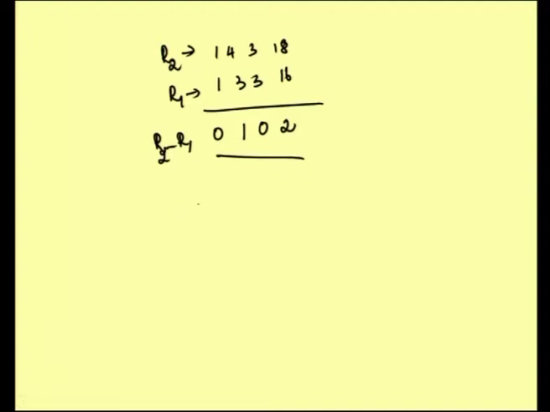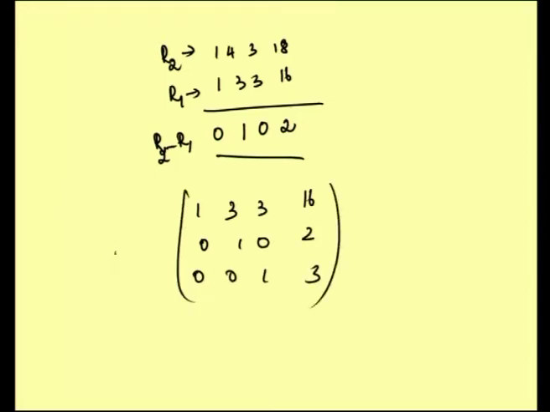This is the augmented matrix after the first operation. Actually we are supposed to make this element 0, but it is already 0, therefore we stop the procedure, and we write back the equations.